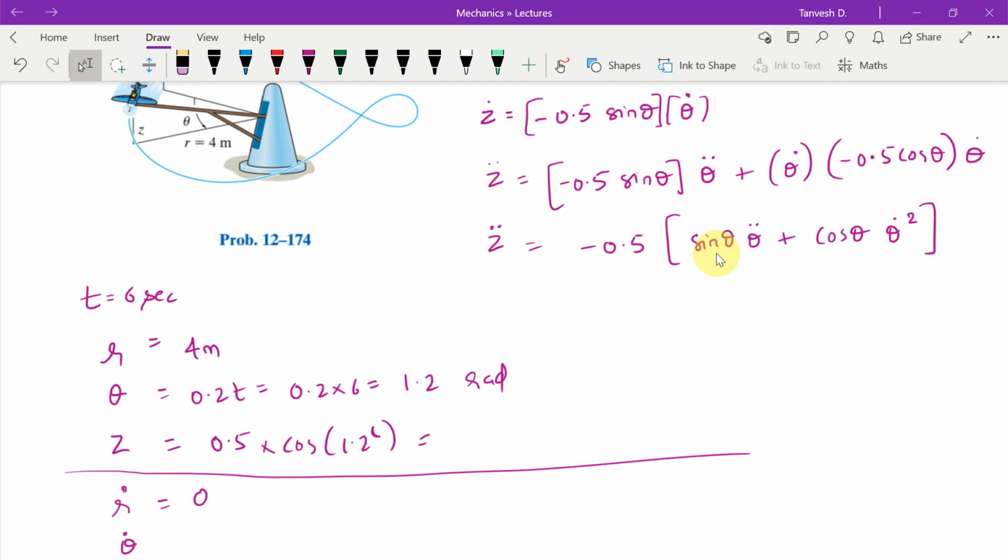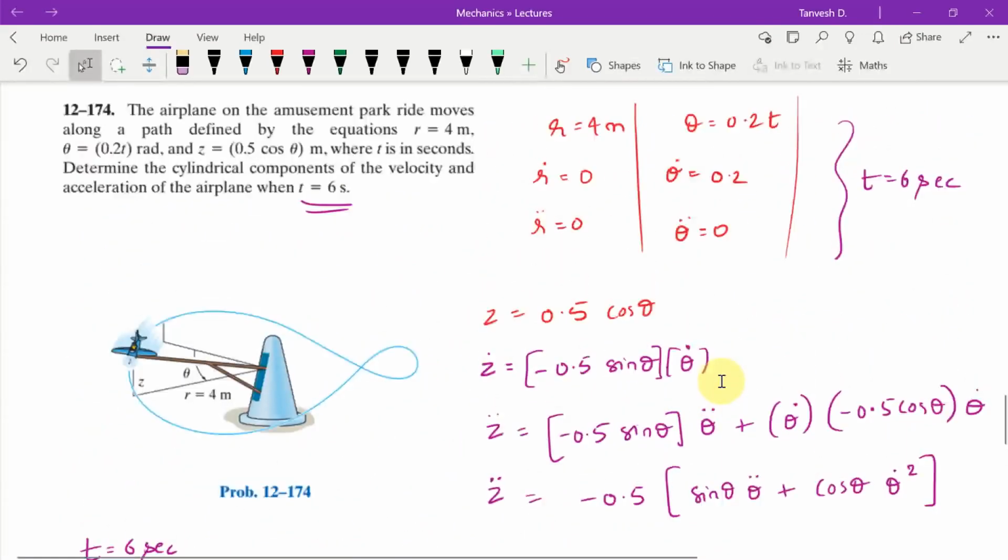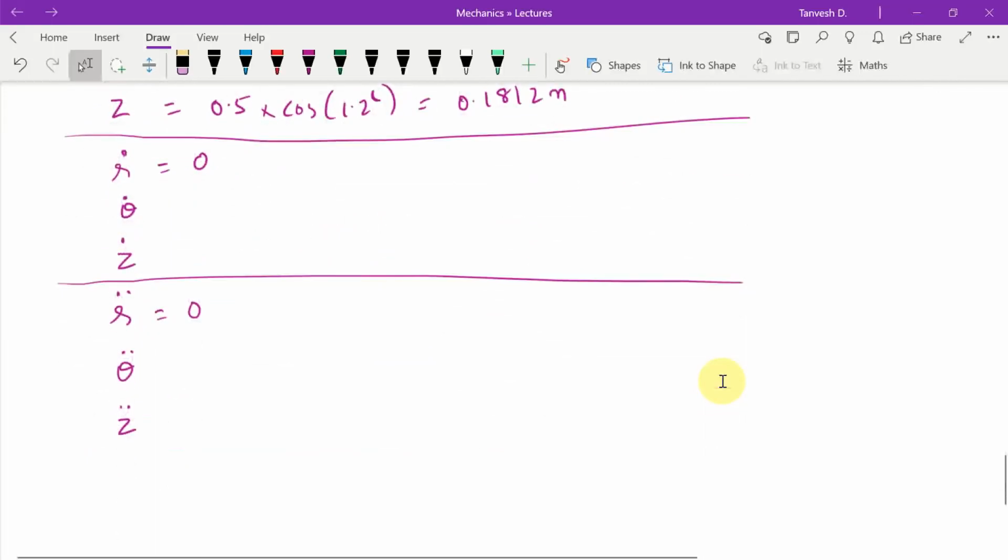Therefore, what we'll get for Z is 0.1812 meters. See, Z is a distance, so it is meter. Theta dot is 0.2, and theta double dot is 0, so we'll write directly 0.2 and 0.